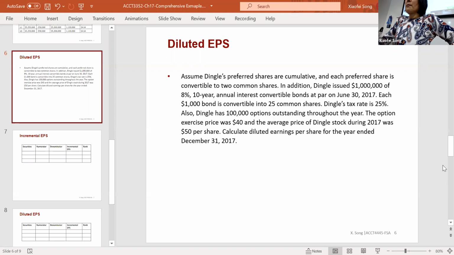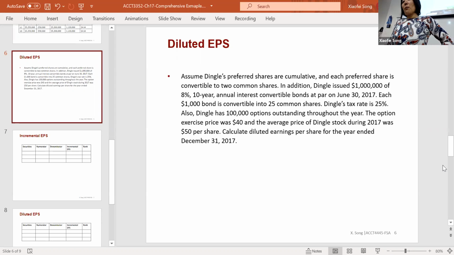So in the middle of the year, they also have convertible bonds. Each $100,000 bond is convertible into 20 common shares, and Dingo's tax rate is 25%. So that is relevant to compute after-tax interest.